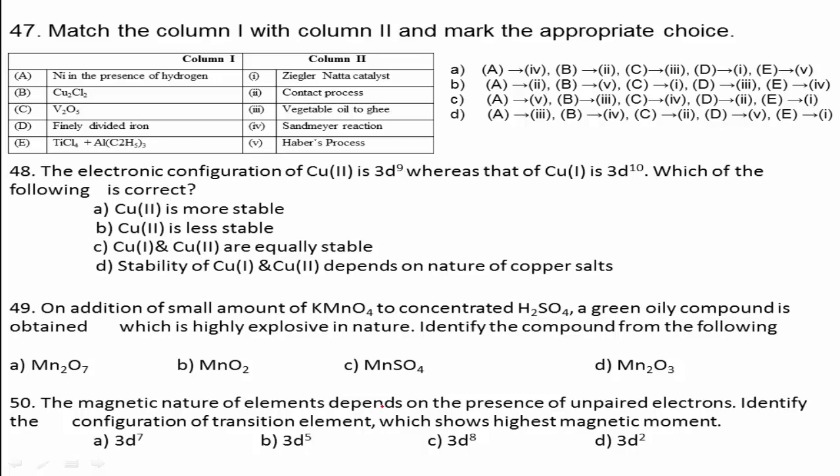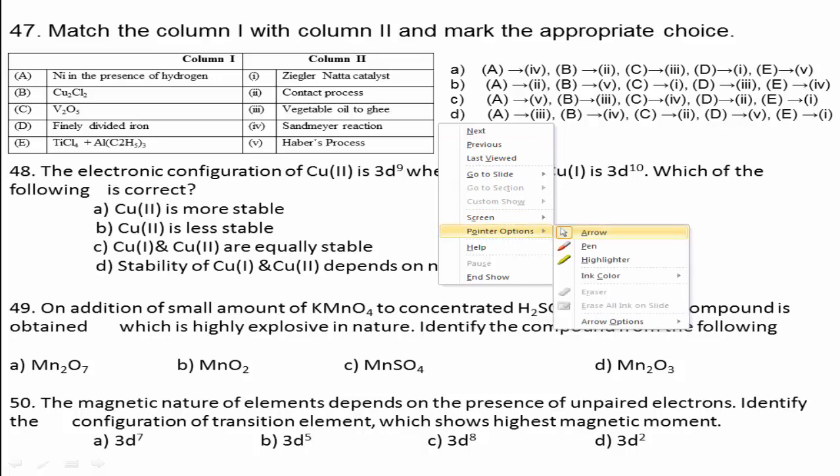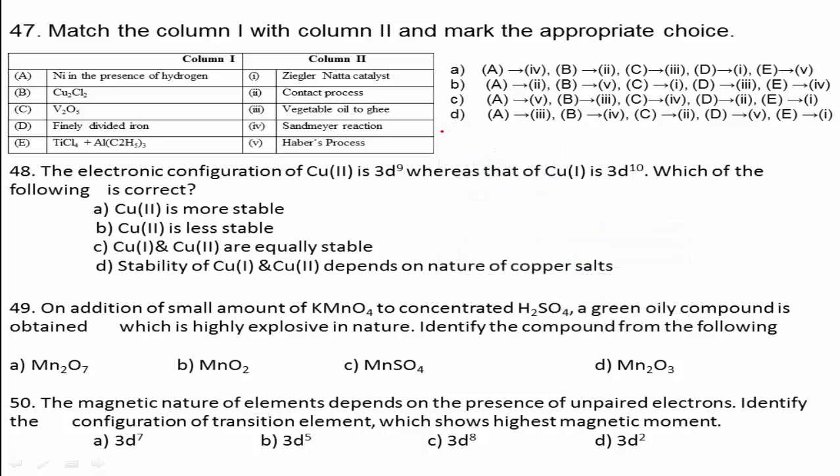If you know this concept, then see here, Ziegler-Natta catalyst for option E, that is the first answer. Next for B, the fourth option, Sandmeyer's reaction. Definitely the answer for this question is option D.